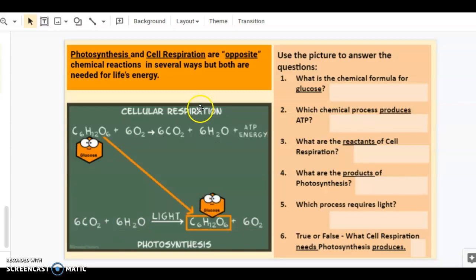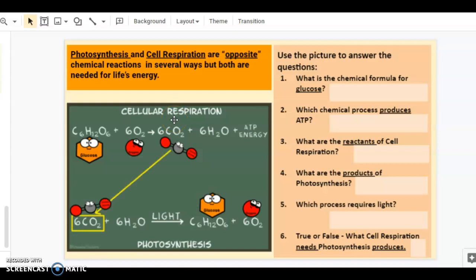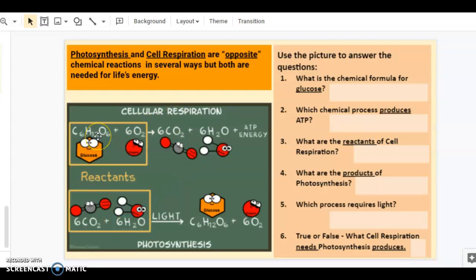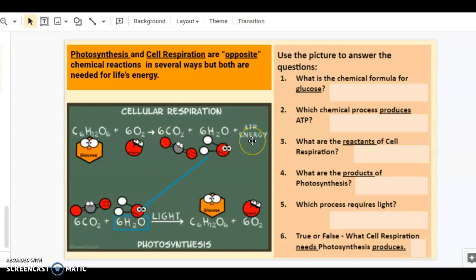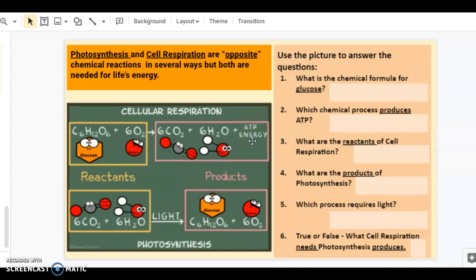Let's look at the chemical reaction for respiration and photosynthesis using chemical formulas for the different reactants and products. So we're going to start with cell respiration. We see here glucose plus oxygen yields carbon dioxide and water and ATP, which is cell energy.